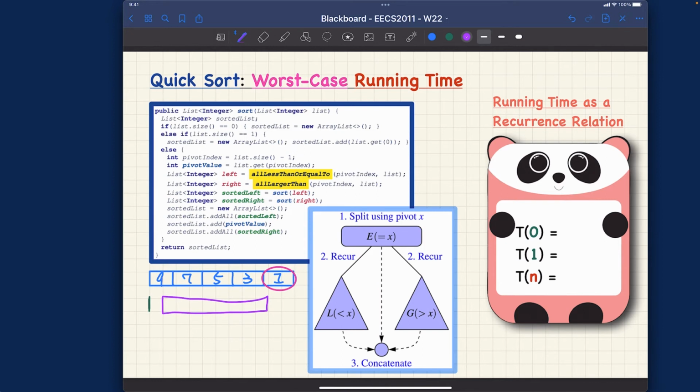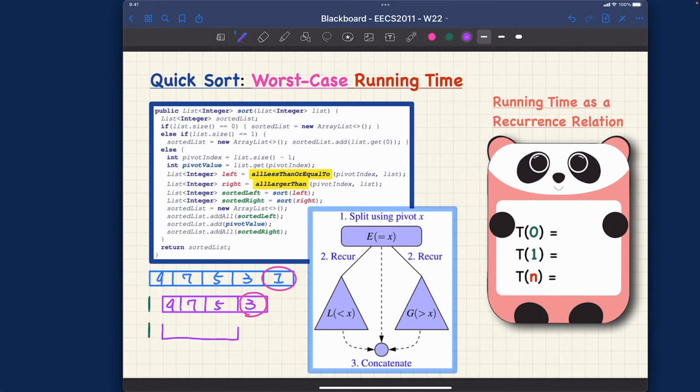In that case, this is what we're going to get: 9, 7, 5, and also 3. And let's say we chose the rightmost element as a pivot over here. Again, we get nothing that's less than or equal to the pivot, and everything else will be on the right.